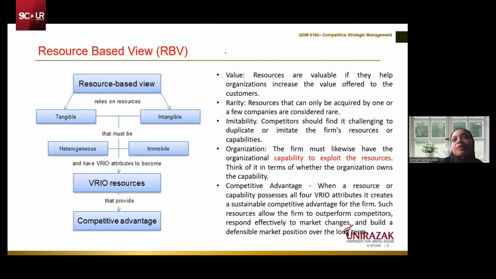You can smell, you can taste differently. You can taste the difference between the burger of McD and the Zinger Burger of KFC, and also the McD's Mac Chicken. You can definitely make a difference, even though they are the same base of chicken. So one is Mac Chicken, one is Zinger Burger. You can see the differences of fried chicken of McD and fried chicken of KFC. So that is the value.